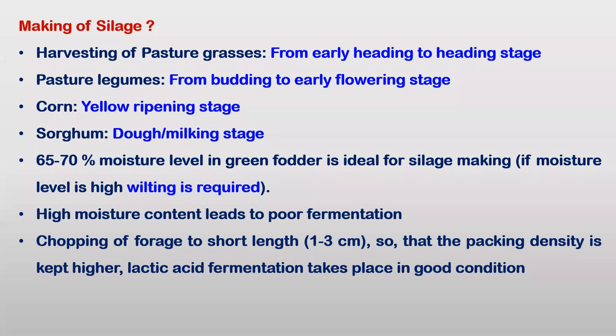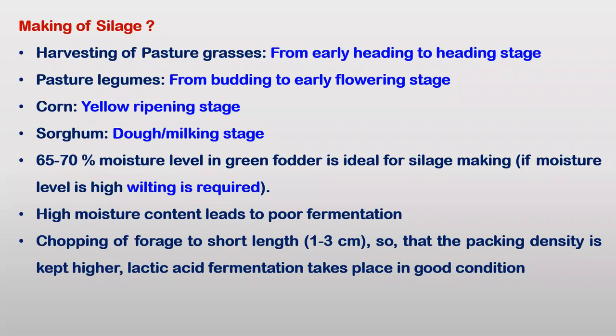When we talk about the maize crop, the corn, it is the yellow ripening stage. So we should consider different stages for different plants when making silage. Corn is cut at the ripening stage, sorghum at the milking stage. We should cut the plant under these conditions for making good quality silage.